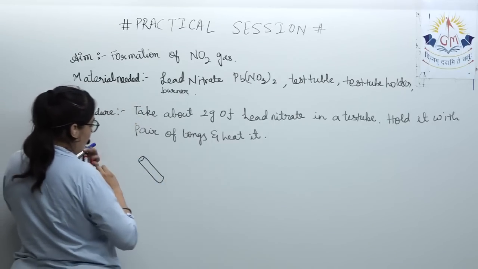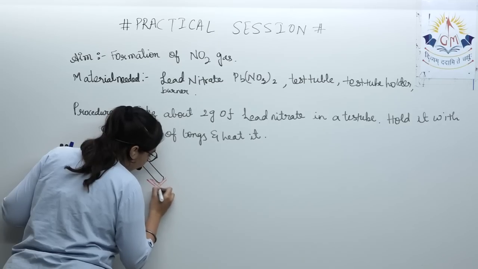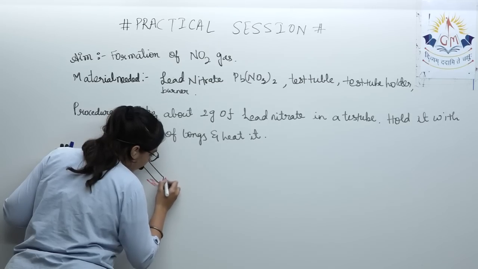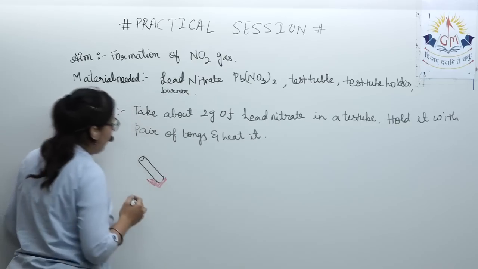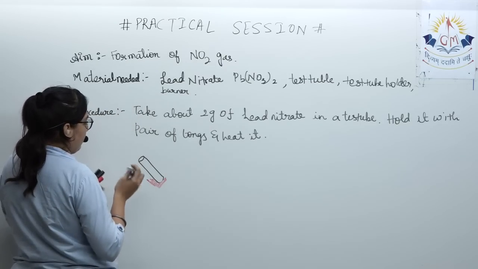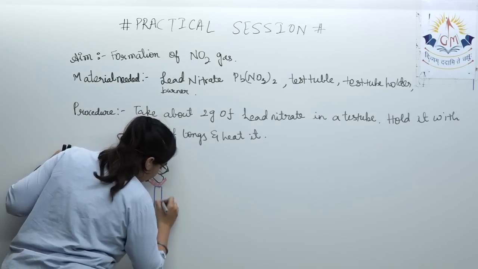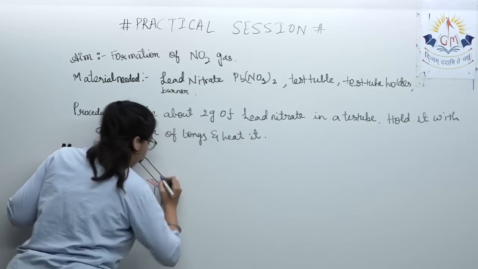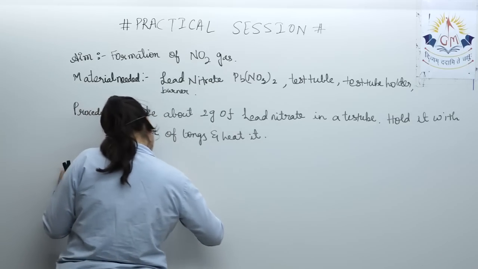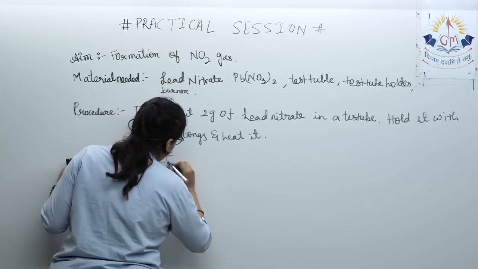In the test tube, a little amount of lead nitrate is taken and it is heated. It's a white colored powder.